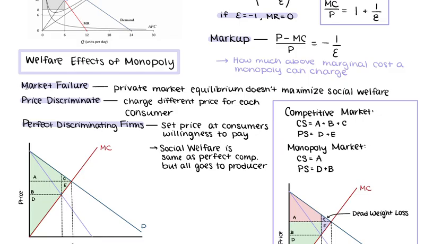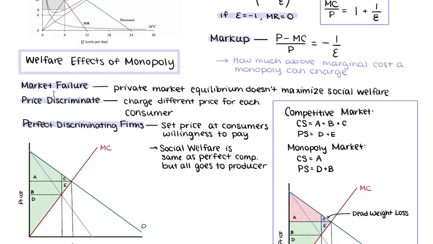The private market equilibrium maximizes social welfare. In real-life situations, the monopolist can do price discrimination, that is, charge a different price for each consumer. With perfect discrimination, the firm sets the price at each consumer's willingness to pay.